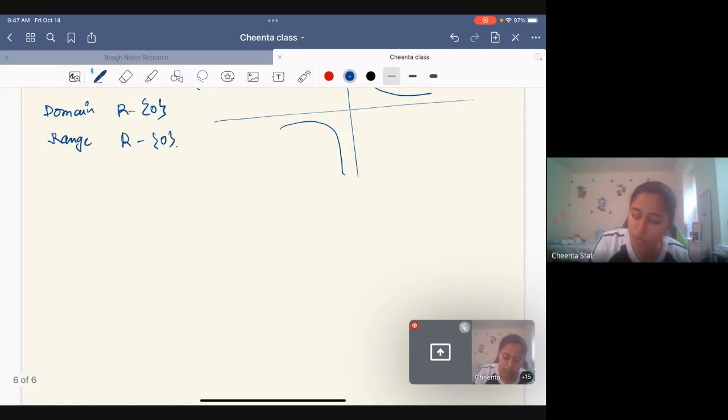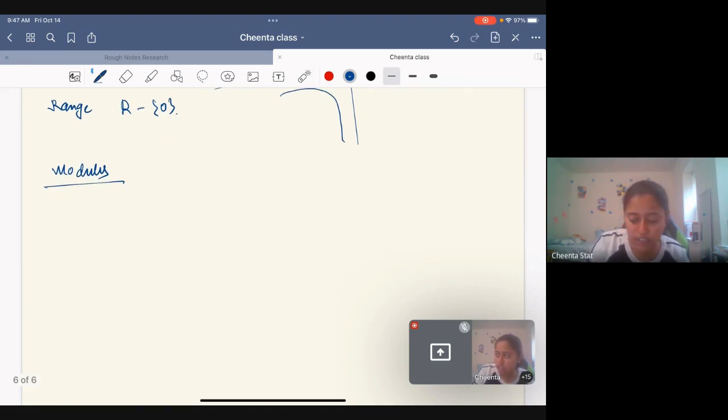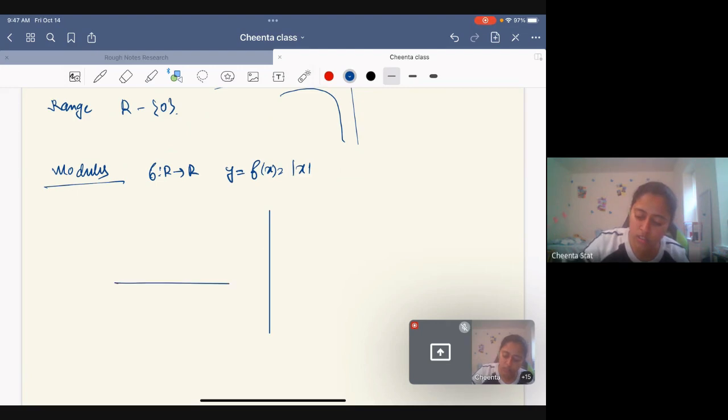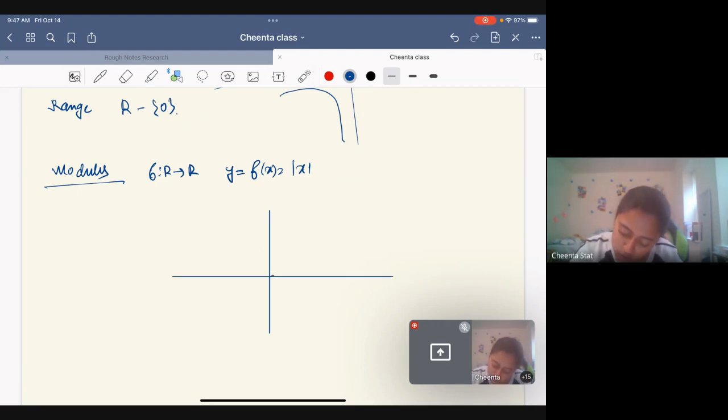And finally, I will do the modulus function. That is also from real to real, and y equals f of x equals mod x. And you all know the graph of mod x, which is a very nice graph.